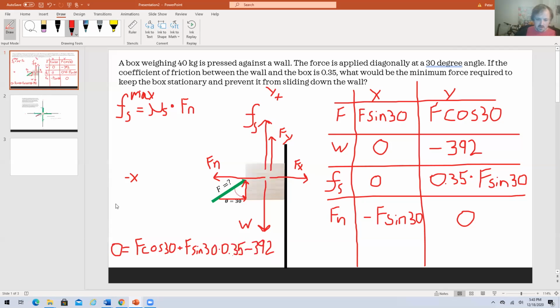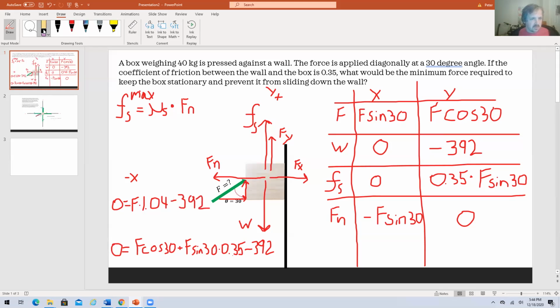Okay, so the cosine of 30 plus the sine of 30 times 0.35 equals, so 0 equals f times 1.04 minus 392. Okay.